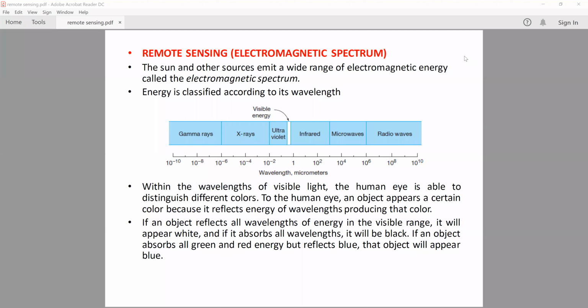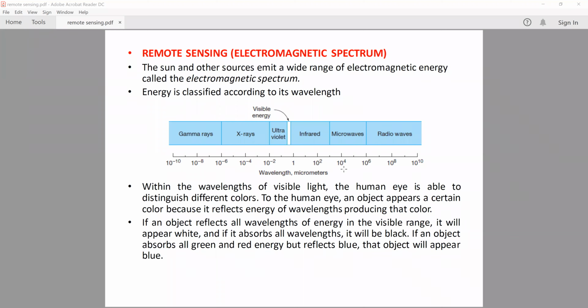Besides that, based on the spectrum of the wavelength, you have different classifications: radio waves, microwaves, infrared, X-rays. But since we can only see visible light, we can only distinguish that. But the other wavelengths have other benefits.